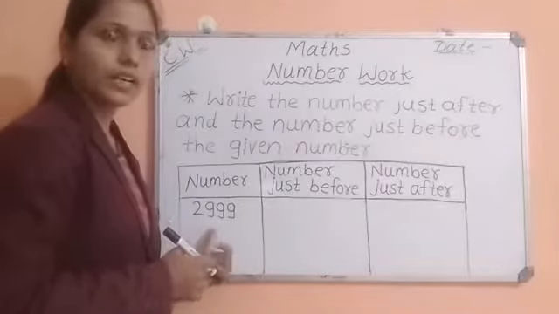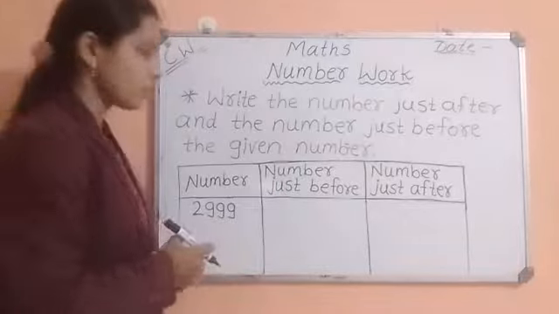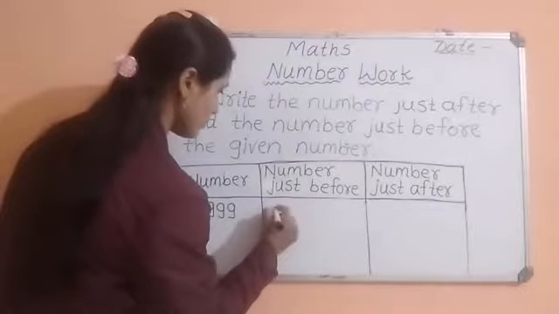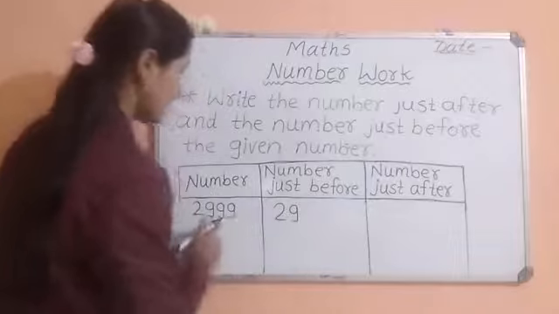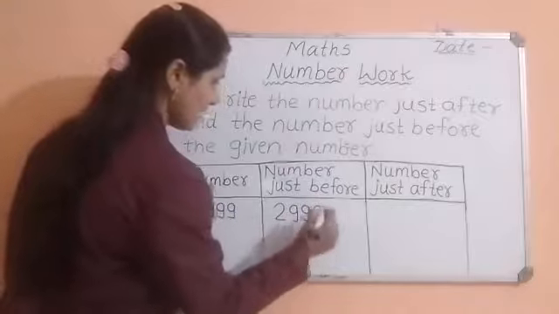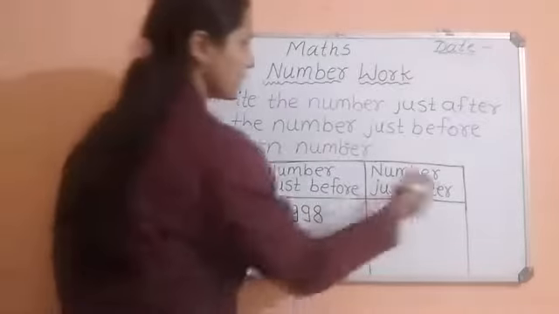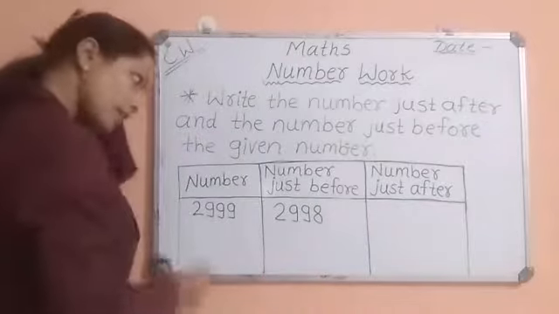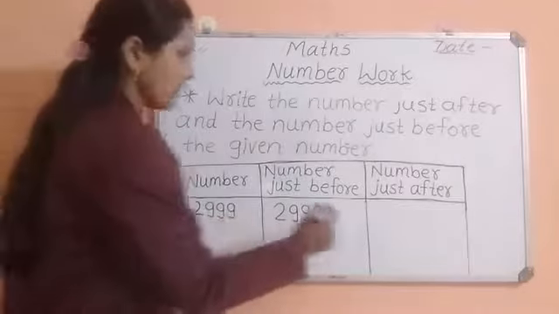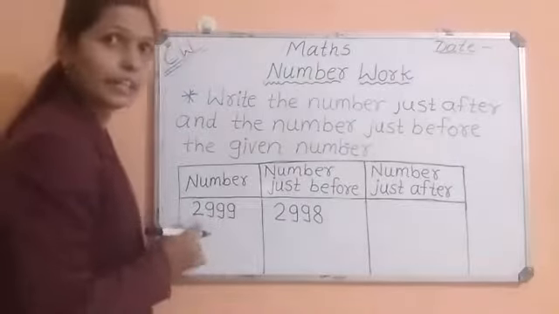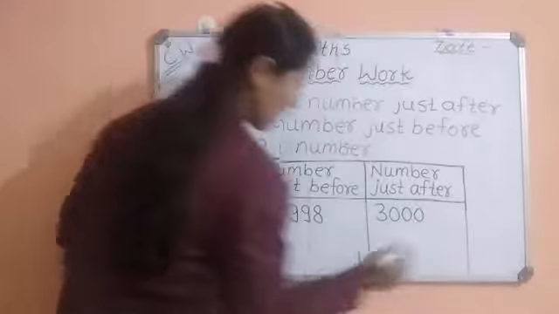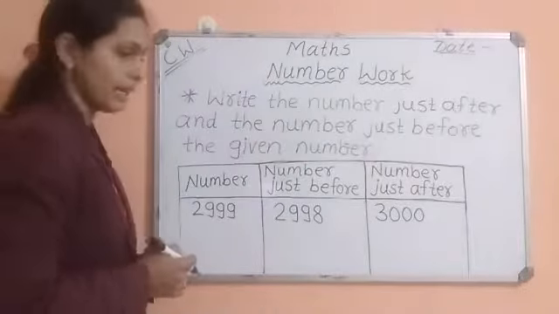Here only at the 1000 place there is 2. So the number just before is 2999 minus 1, that is 2998. Then the number just after the given number 2999: if we add one more to it, we get 3000.